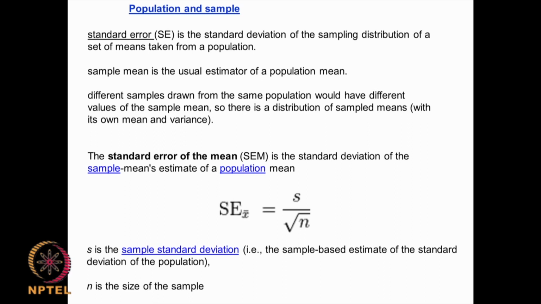So, I can calculate the standard error of this mean based on the sample standard deviation. S is the sample standard deviation, n is the number of samples you take, and you take the square root and divide. This is very important because we use the standard error of the mean in calculating confidence interval on whatever data we collect. We will see that as we go along.